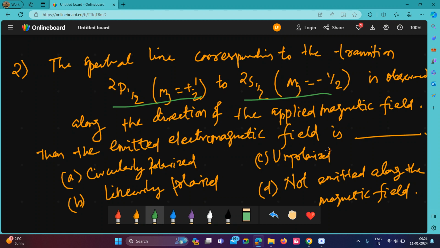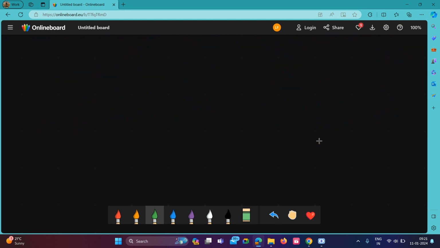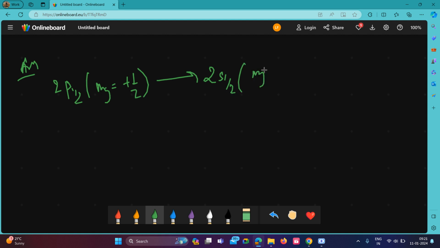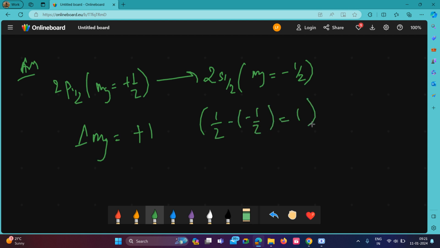See how we solve this question. The transition is 2p1/2 mj plus half to 2s1/2 mj minus half. So we have to check delta mj. Delta mj is how much? Plus 1, because half minus minus half is 1.